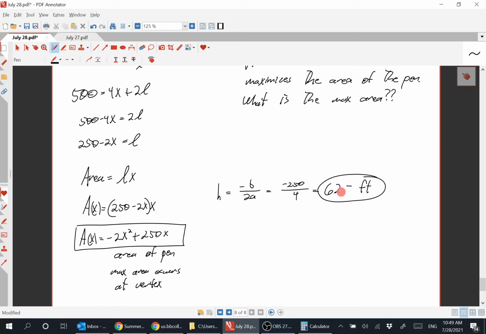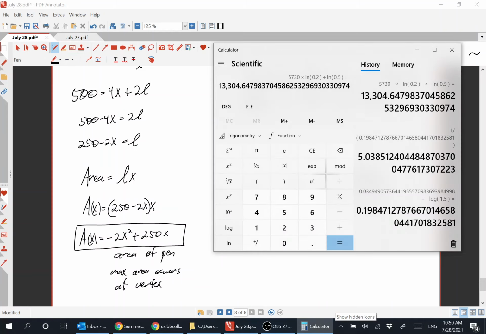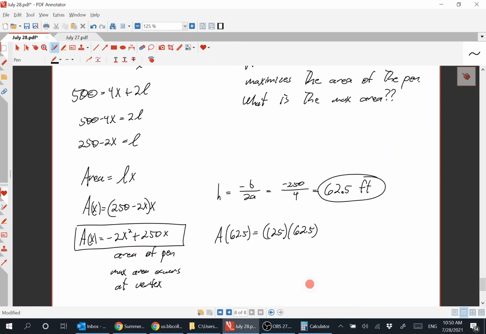So at 62.5 feet, we get the maximum area for the pen. And then the max area itself is A of 62.5. I'm going to plug it into this one. So that's 125 times 62.5, which is 7,812.5.